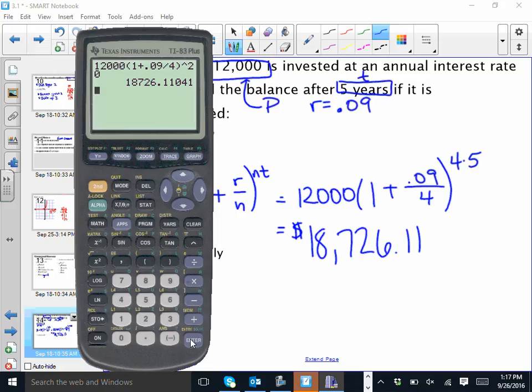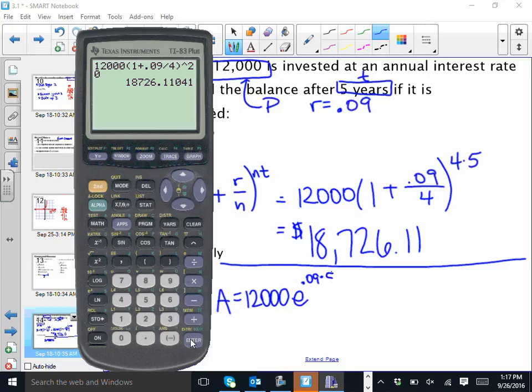Let's talk about compounding continuously. Continuously means we are going to use PERT. A equals P E to the RT. Once again, put everything in your calculator at once. 12,000.